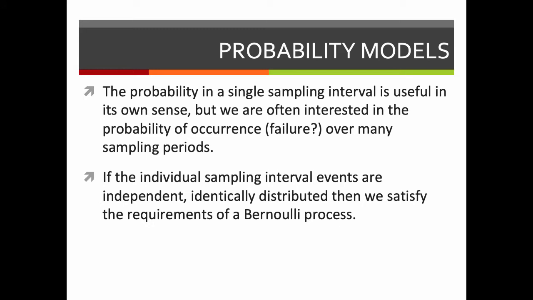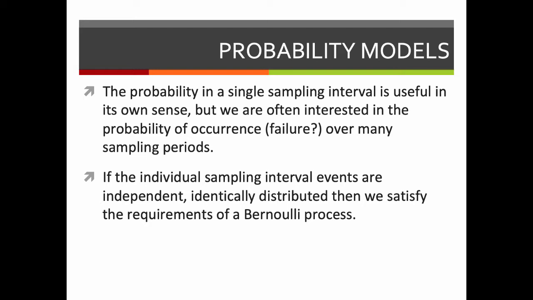So next we want to consider what probability models are. The probability in a single sampling interval is useful in its own sense, but we're often interested in the probability of occurrence over many sampling periods.